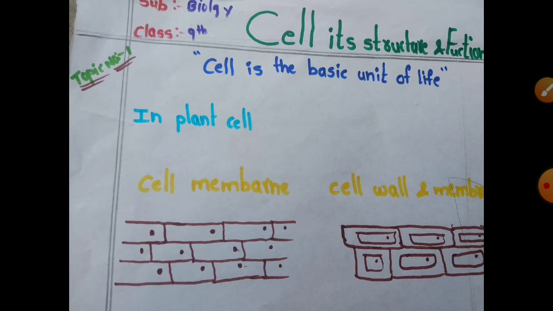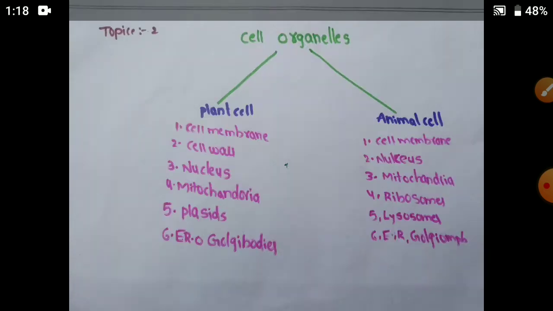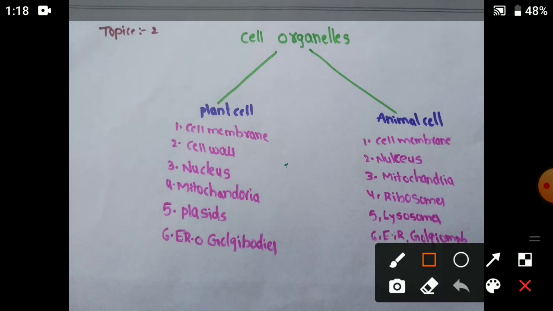And next we see cell organelles. In this there are two types: plant cell and animal cell.